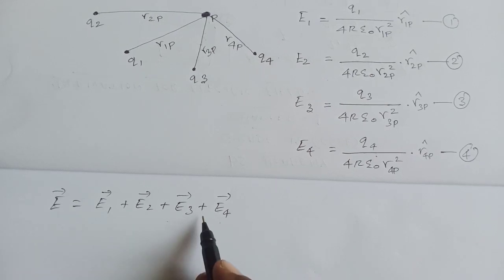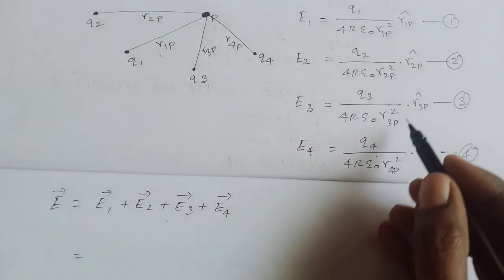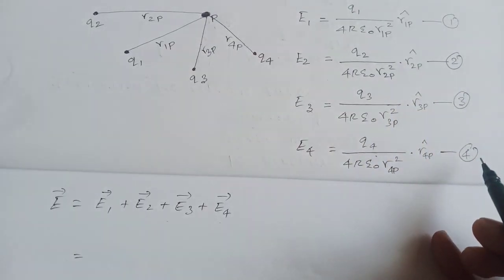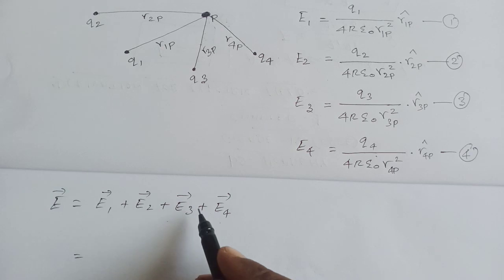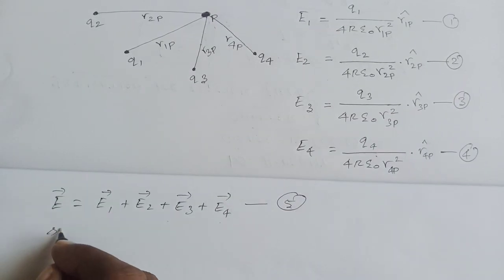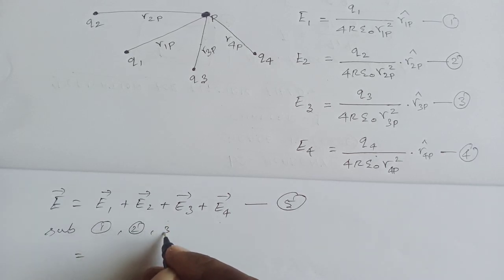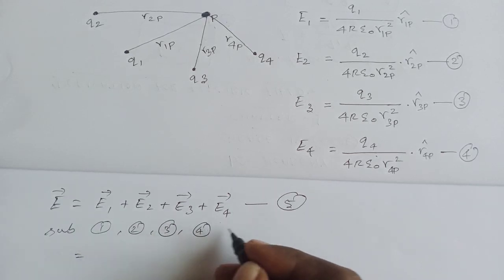Now we are considering only 4 charges, so we are writing E1 plus E2 plus E3 plus E4. Now you have to substitute all these equations 1, 2, 3, 4 in this equation. Consider this as the 5th equation. So substitute equations 1, 2, 3, 4 in 5.